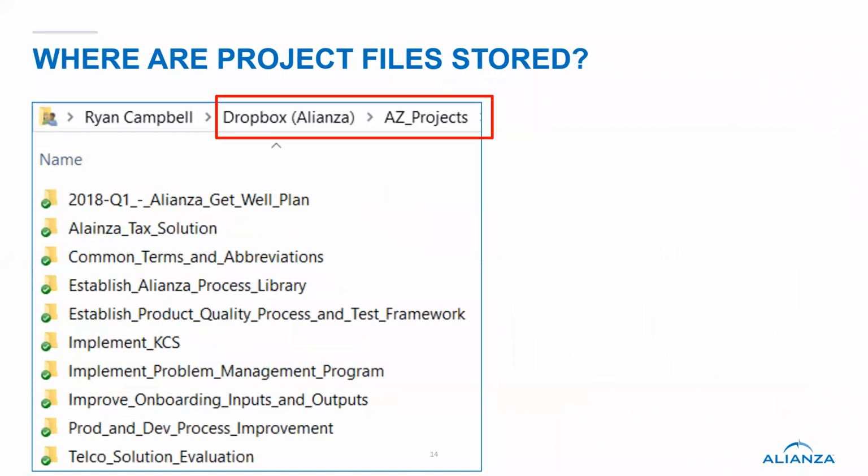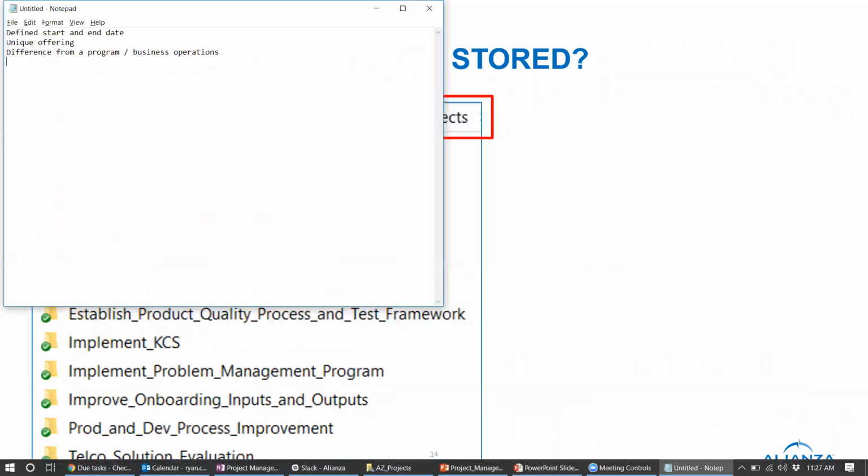Where are project files stored? Well, it's in the AZ projects folder as well, but there are folders as well as the files and templates. So the improve onboarding inputs and outputs folder is there and all the project assets are there. Good to point out though, this is just for the enterprise projects. We're not considering the onboarding projects and they're not going in this area. Just business operations. I realize there are a few different areas, and I thought I had something in here that talked about the different areas, but I'm going to throw that back in here.